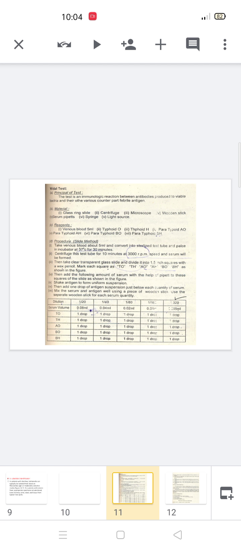So TSI media is used. If we streak a growing culture on the slope of the TSI media, after 24 or 48 hours we can see the change of the color of the butt as well as of the slope by this microorganism.